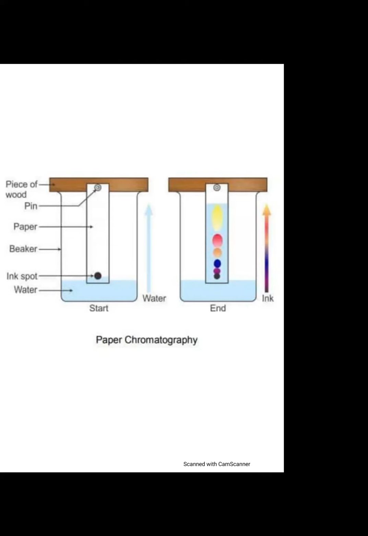Then what will be the outcome? Water will rise up with the color. We have to separate it, right? That will automatically happen. So what are we trying to separate from what? We are trying to separate different colors from the ink. Clear? Yeah, better. Okay.